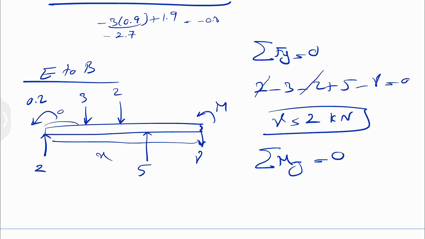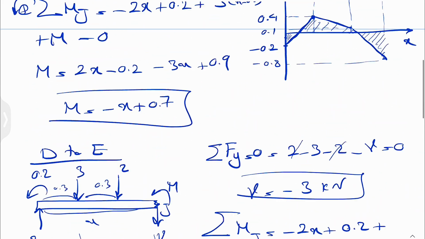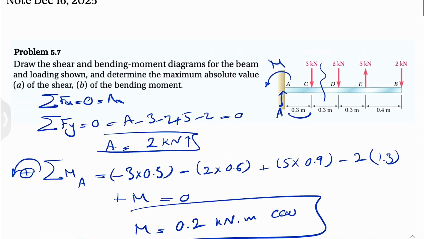So we have the moment of each of them same as before, and for the last one we just have to put this moment, we can see it's clockwise, so negative 5 times x minus 0.9. And if we do that, we're going to get the moment plus 2x negative 2.6.